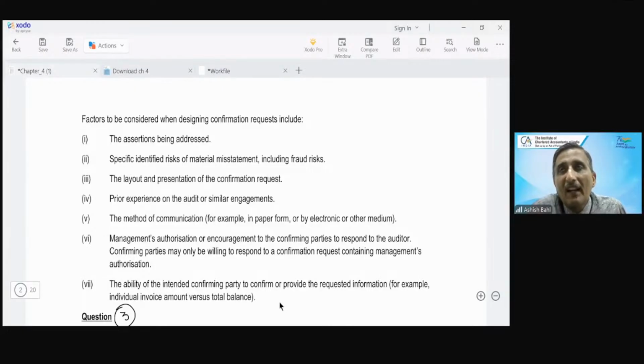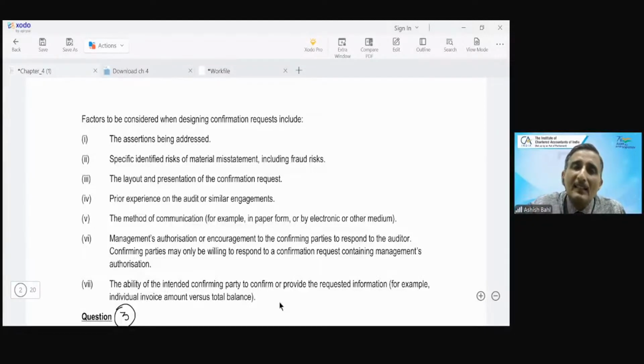Specified identified risk of material misstatements. So obviously you would see whether the probability of material misstatement is there or not, whether there is a fraud risk factor or not. The layout and presentation of confirmation request, general thing that it should be readable, it should be in proper form as letters are sent, prior experience on audit or similar engagements.